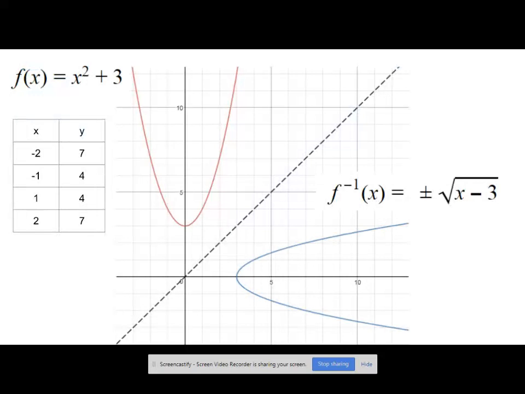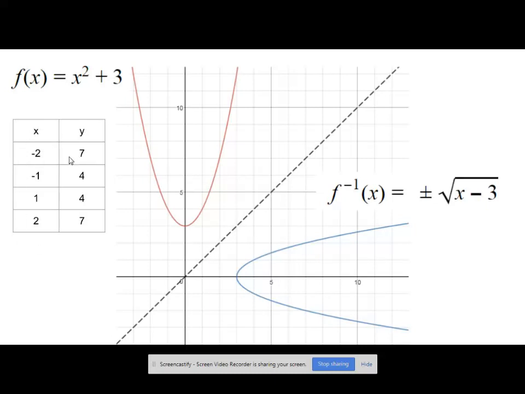Let's go back here. So this quadratic here, we already looked at this graph earlier. This quadratic is a function. You can look at that vertical line test. It passed the vertical line test. If we look at some values, every x value goes to a y value. There's no repeats, basically, in the x values here.